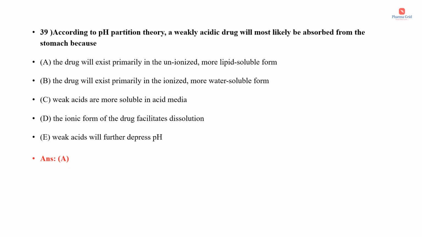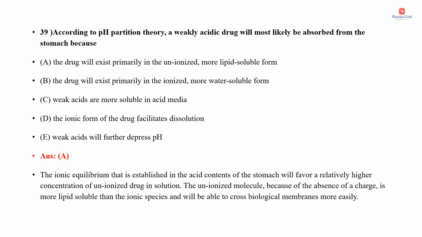So here the correct answer is option A, that is the drug will exist primarily in the unionized, more lipid soluble form. The ionic equilibrium that is established in the acid contents of the stomach will favor a relatively higher concentration of unionized drug in the solution. The unionized molecule, because of the absence of a charge, is more lipid soluble than the ionic species and will be able to cross the biologic membranes more easily.